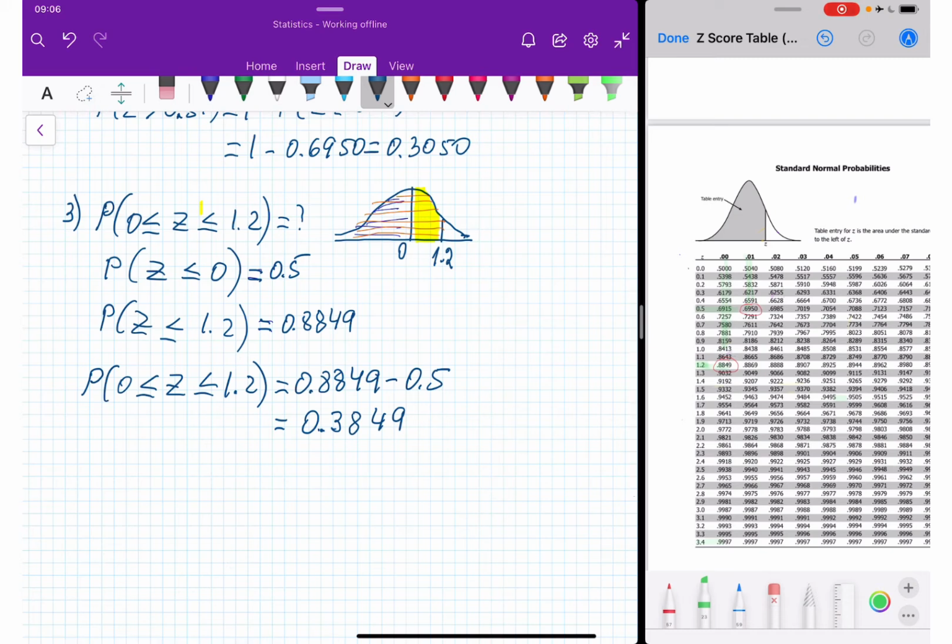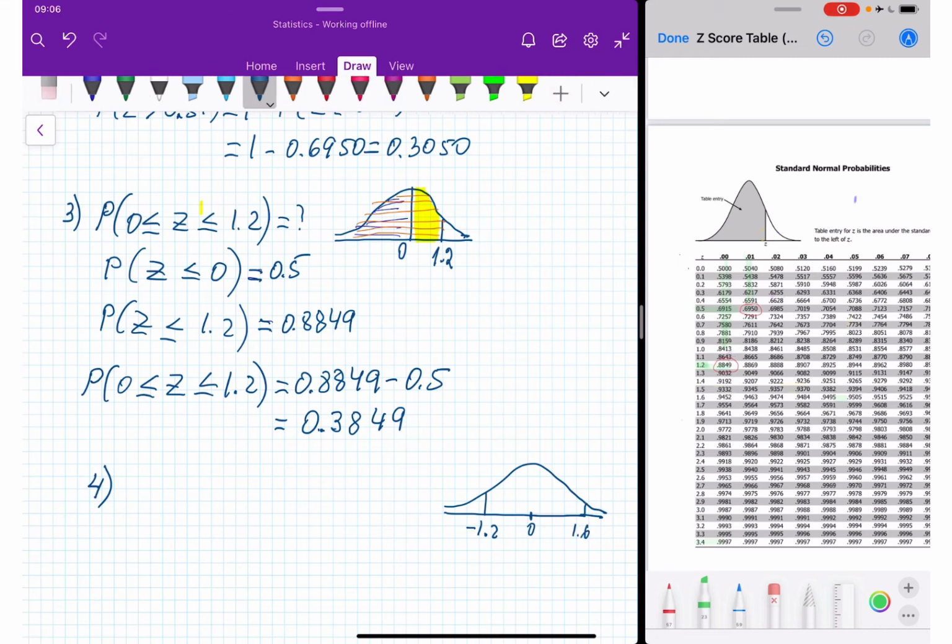Number 4. Question number 4, what do we have here? So this time we have this is our 0. So we need to find the area between negative 1.2 and 1.6.